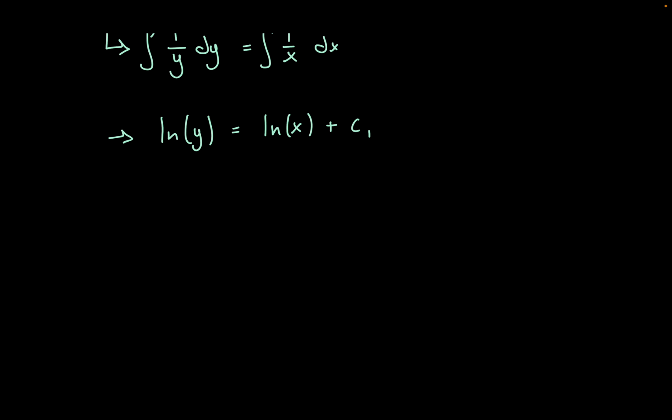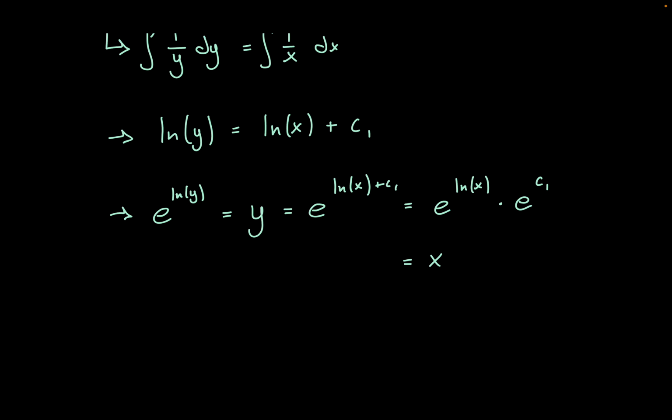Now, from here we can say e to the natural log of y gives us y, and we can set that equal to e to the natural log of x plus c1, which, using our log relations, we can split up as e to the natural log of x times e to the c1, which will give us x times c, where we can say c is e to the c1.